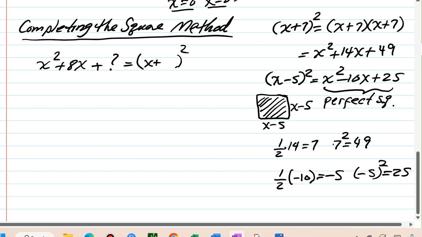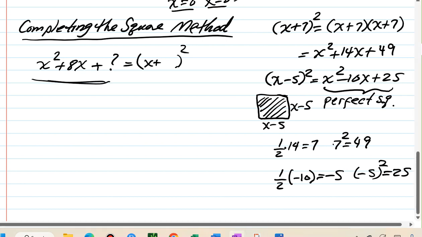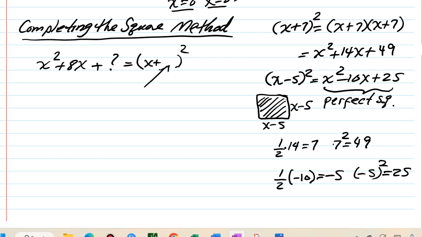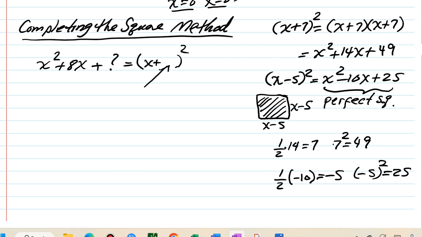Now going back to the relationship that we just established with x plus 7 squared and x minus 5 squared. For the expression that I have, for this to be a perfect square trinomial, the number that goes inside the binomial has to be 1/2 the coefficient on the middle term, the x, namely 1/2 of 8. So half of 8 is 4.